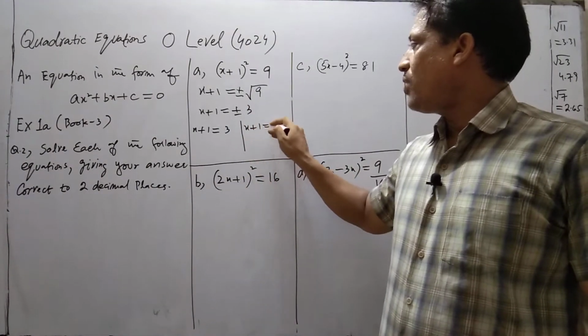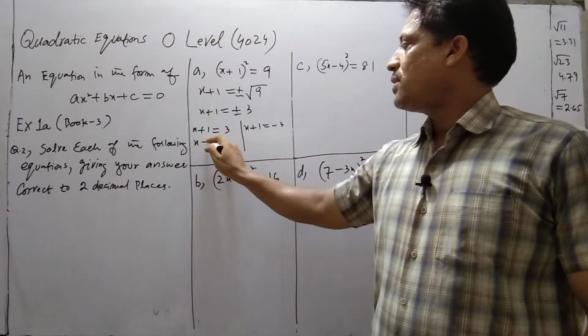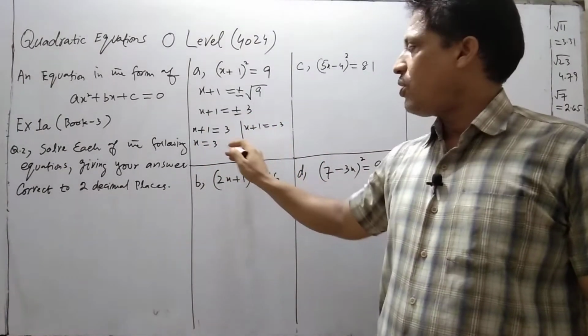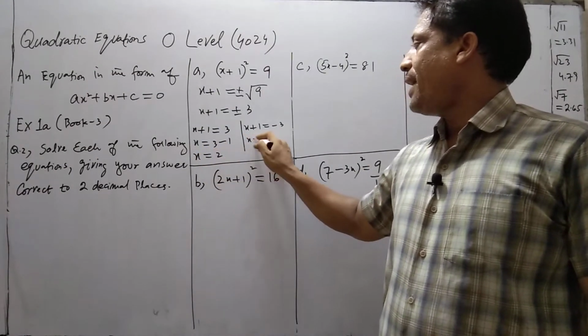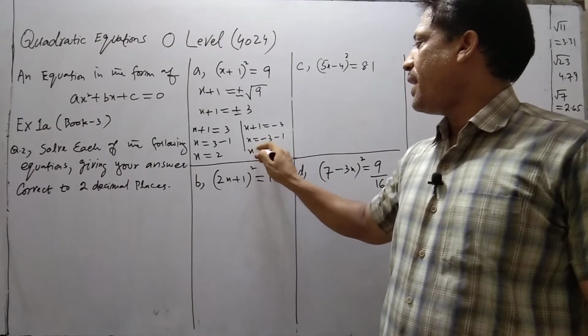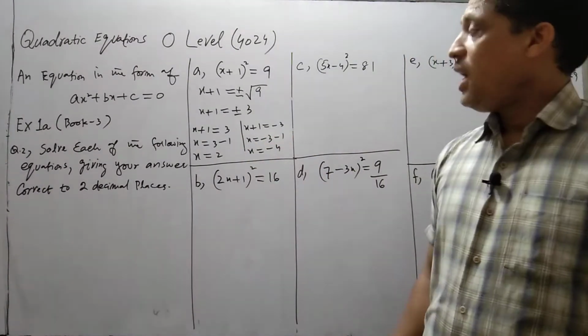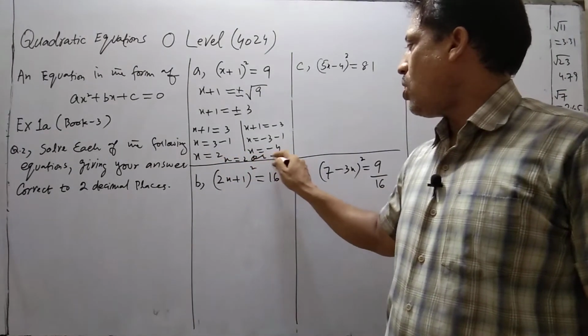Then second, you have to write this x plus 1 with minus sign. So x is equals to 3, shift 1 on the other side. So x is equals to 2, x is equal to shift 1 on another side, minus 3 minus 1, x is equals to minus 4. Hence, your answer is x is equals to 2 or minus 4.